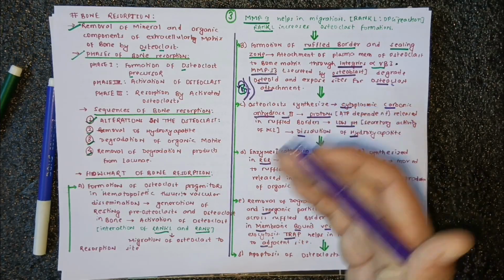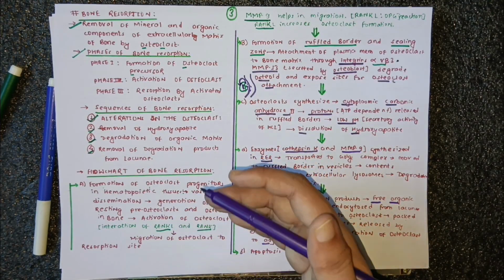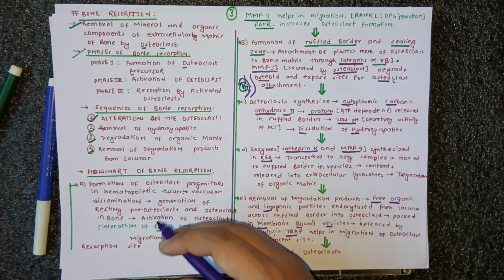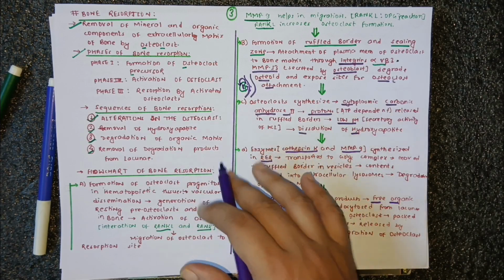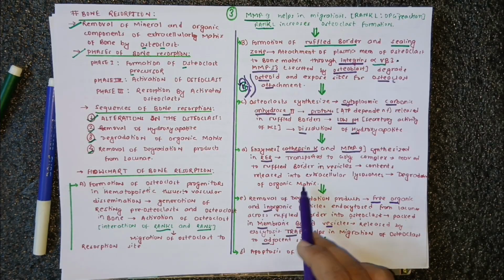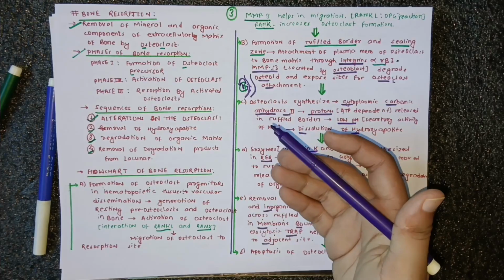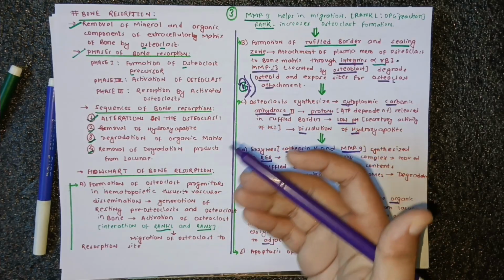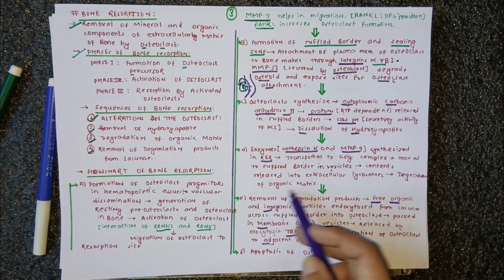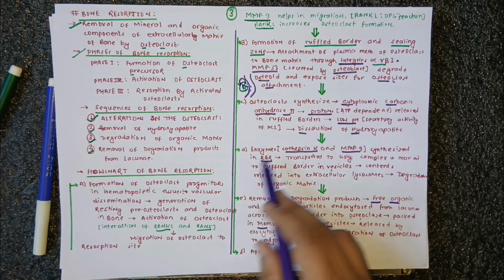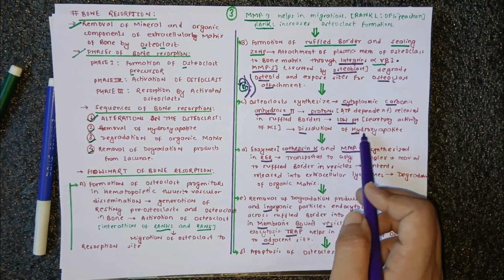After that, the enzymes cathepsin K and MMP9 are synthesized in the RER, transferred to the Golgi complex, and secreted from the cells, and they degrade the organic content. So the enzymes degrade the organic matrix, and the H+ ions dissolve the hydroxyapatite. That is the difference.